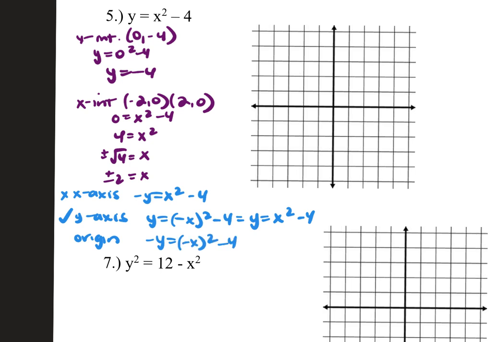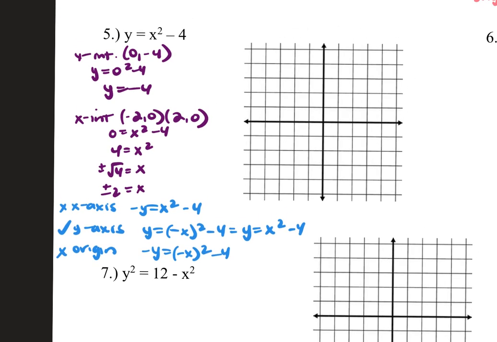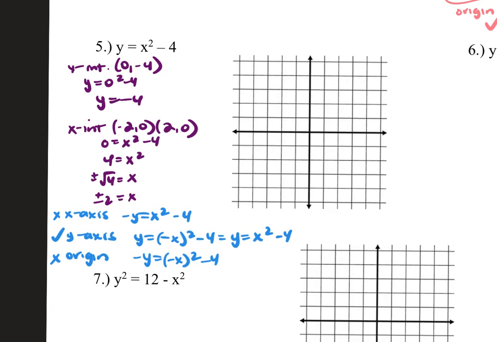It either all has to equal the original or all have to change, so it does not have origin symmetry either. So my coordinate points are 0, negative 4, negative 2, positive 2. If we know our parent functions, this is a parabola, shifted down 4 places. So I know that's what it looks like. If you don't, then you plot some extra points.